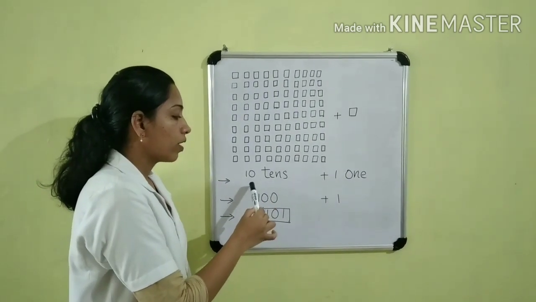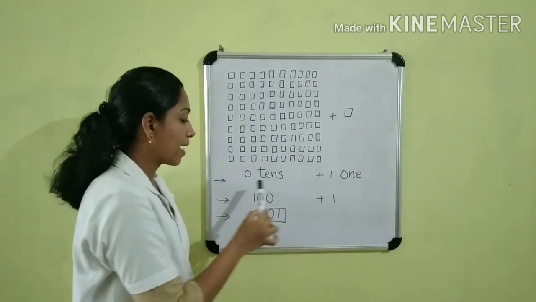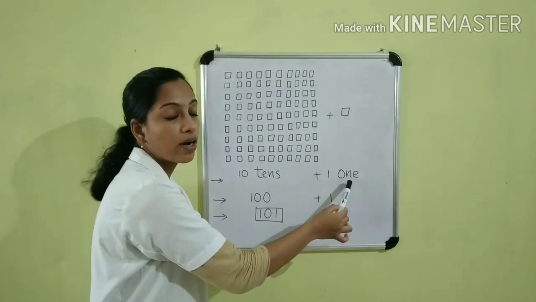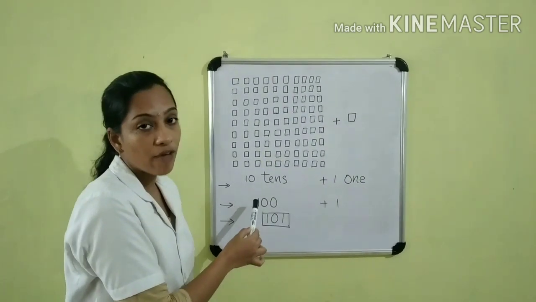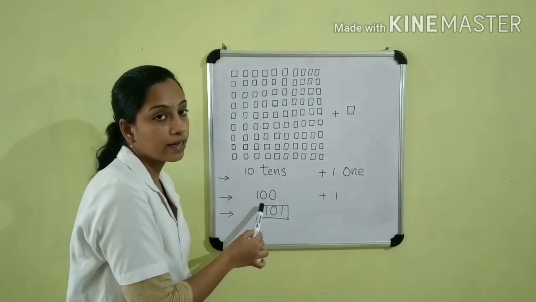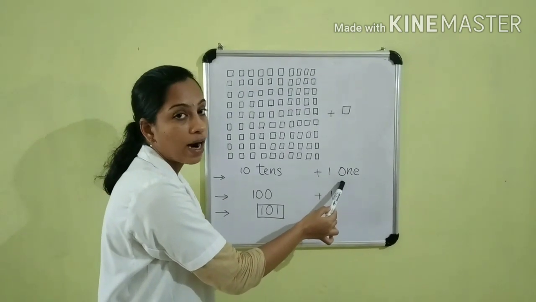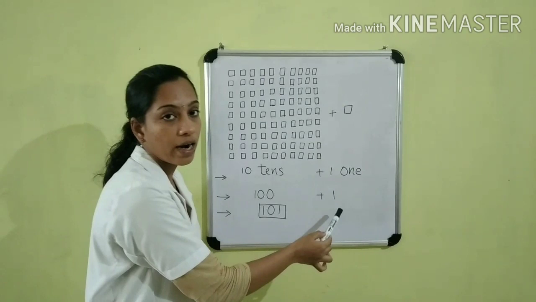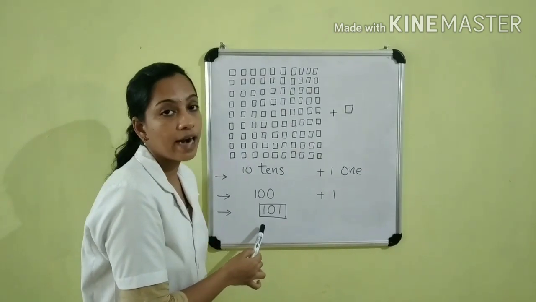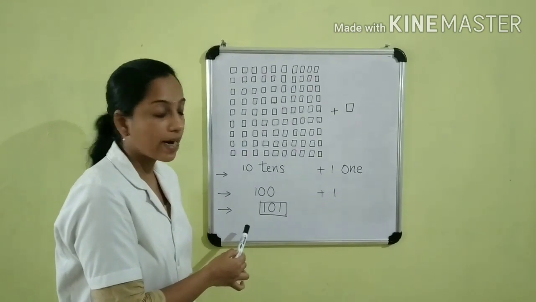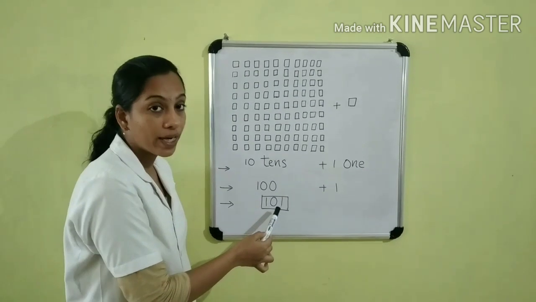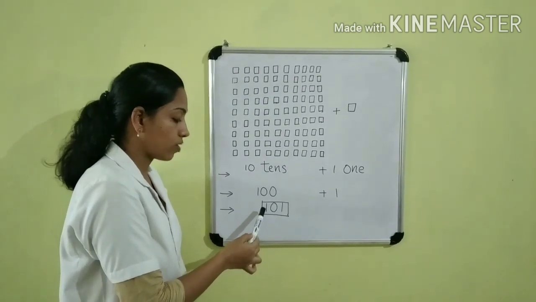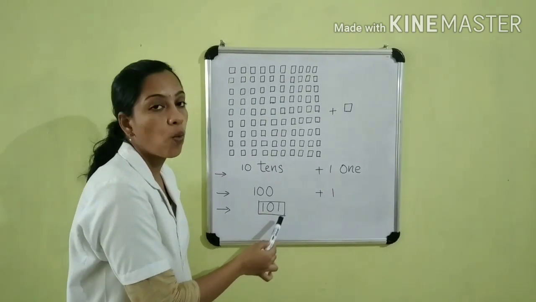So, if we add these two numbers, that is 10 tens plus 1, we know the value of 10 tens is 100 and the value of 1 is equal to 1. So, 100 plus 1, we got 101. See children, in this number, we can see 3 digits: 1, 0, 1.